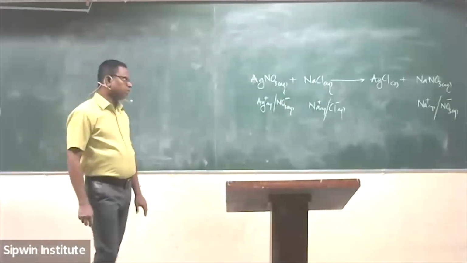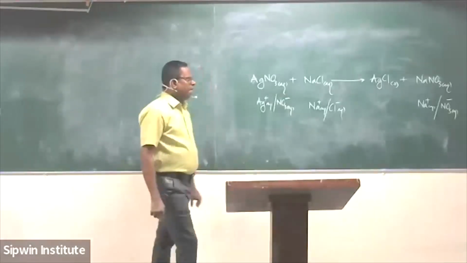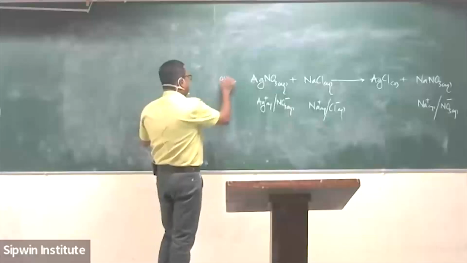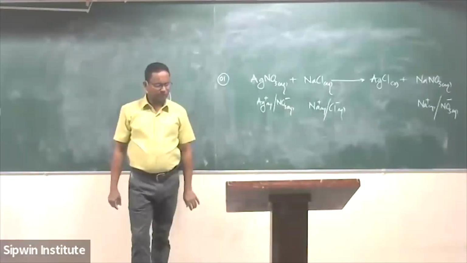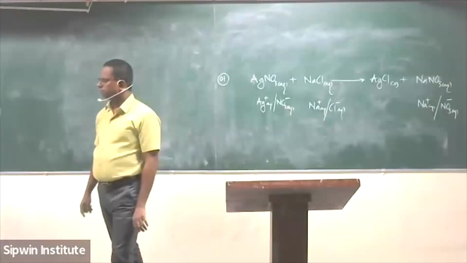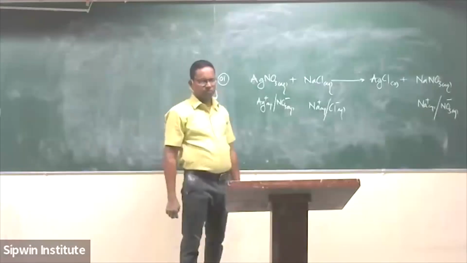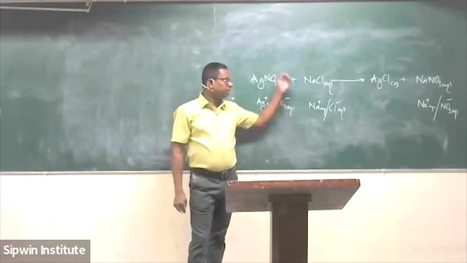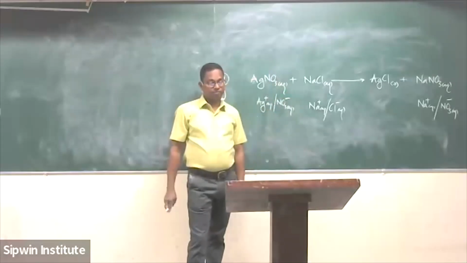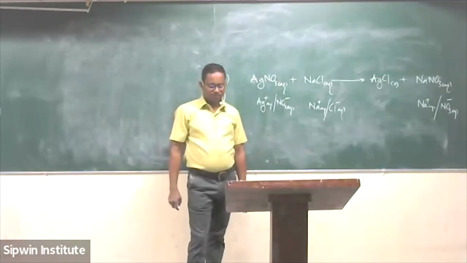Silver nitrate, sodium chloride, silver chloride, sodium nitrate. Take this as the first example. Underline: reactions involving ionic species, ionic reactions, are very fast.